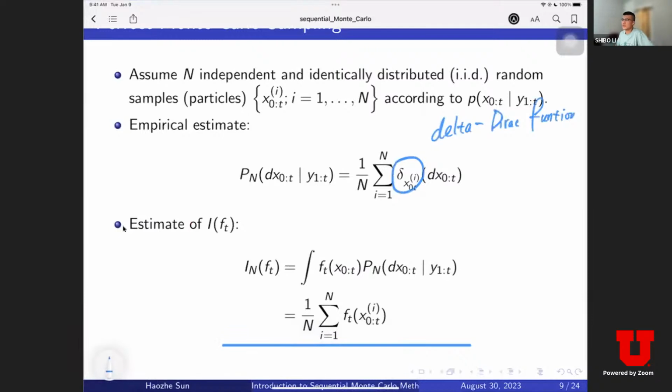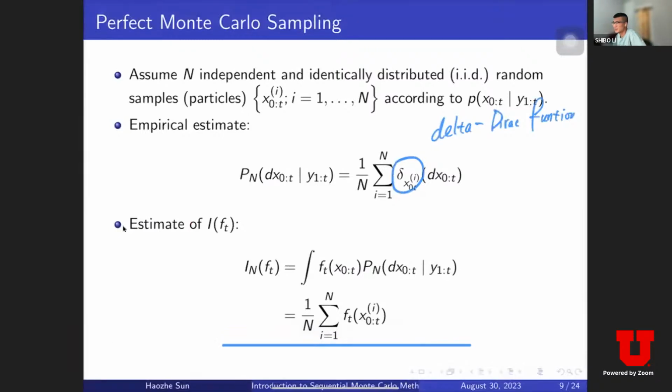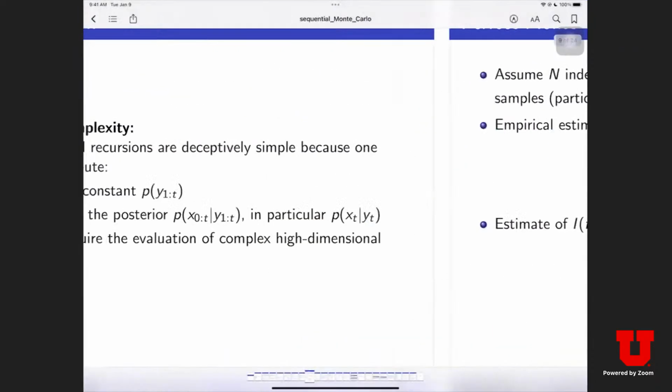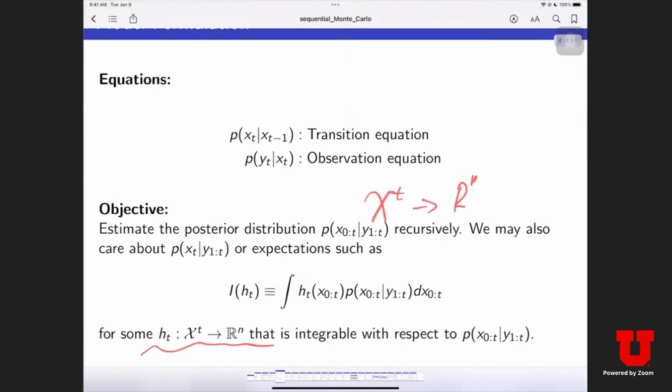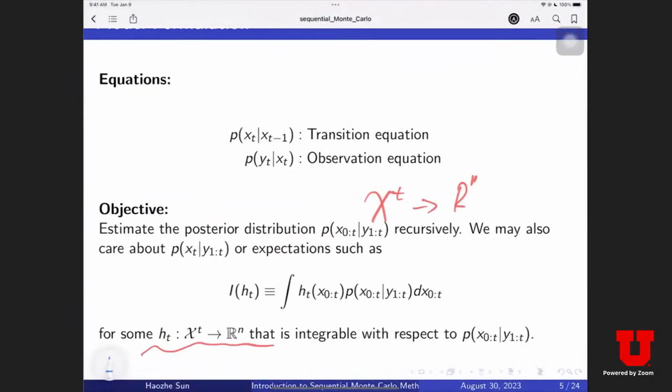I have a small question. What does the I mean here? What's the I function here? The I function is defined by the problem we want to solve.